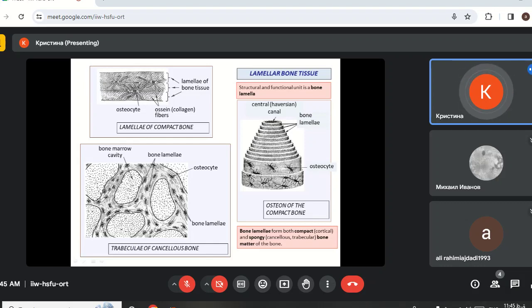These bone trabeculae are also made of bone lamellae. Here we can see bone lamellae, between which the osteocytes are located, with their processes attaching together and going inside the canaliculi, which are connected to the bone marrow cavities.